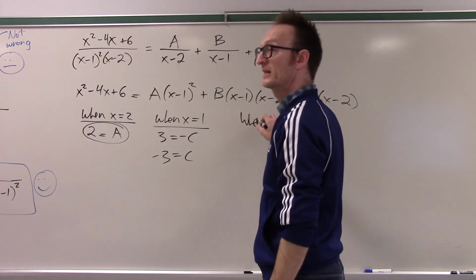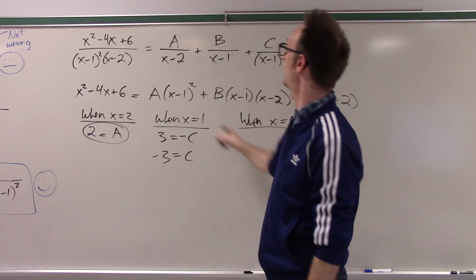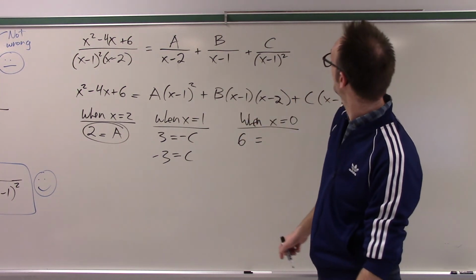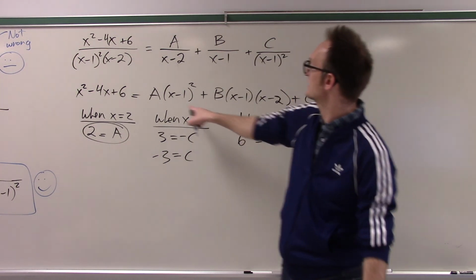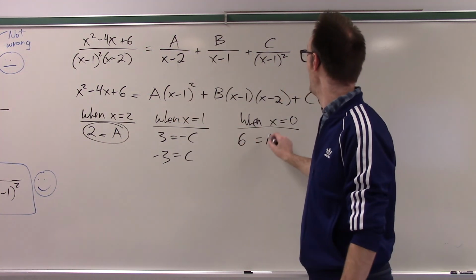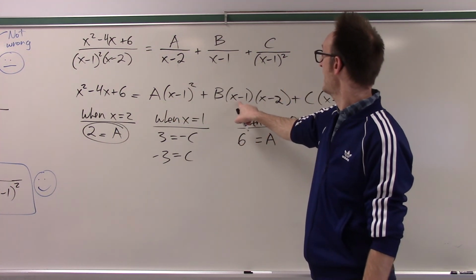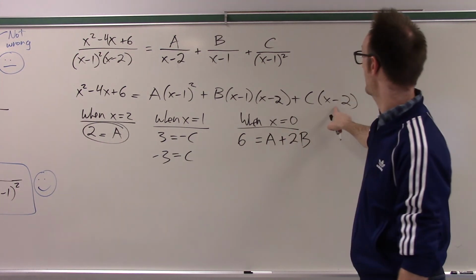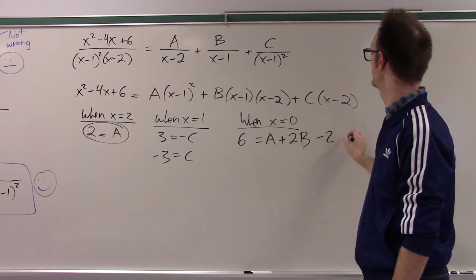And maybe finally I can try when x is 0. I'm going to get 6 on the left, and on the right, actually 0 is not the fastest way, but too late, I'll get a, negative 1 times negative 2 is 2, so plus 2b, and here I'll get negative 2c.